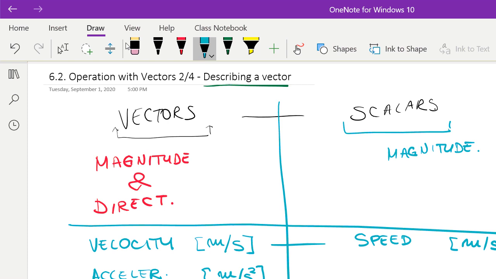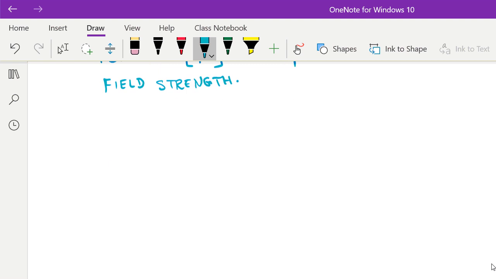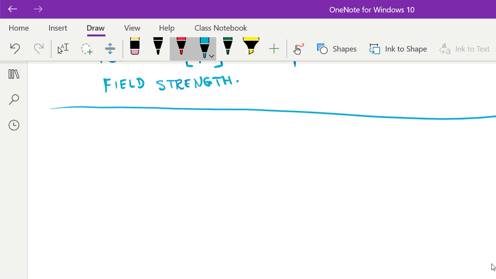Different fields have different units, but what we will see is that those are vector quantities.